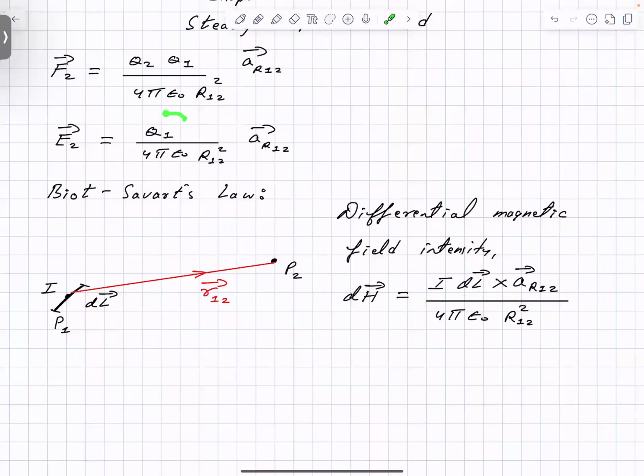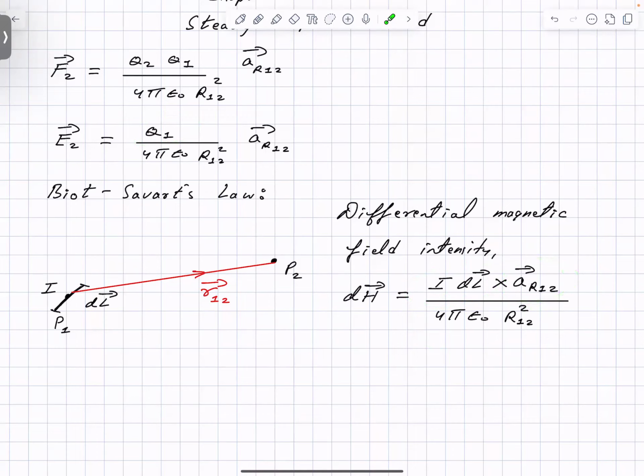The source for the electric field is Q1, the charge. The source for the magnetic field is this current, direct current. And there is also this cross product here instead of the simple vector AR12. So what is the direction of this magnetic field intensity?